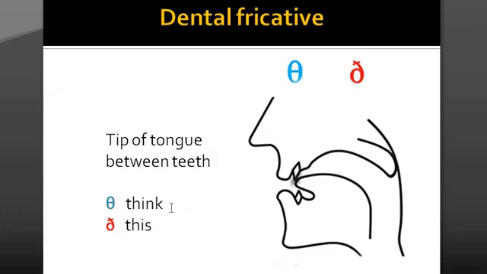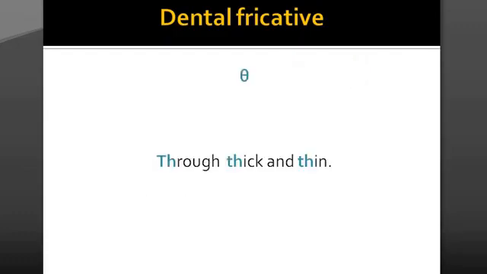We always spell these two sounds with TH. Any word that has TH has one of these sounds, but it's a little bit confusing because TH makes two different sounds. The letters TH can be th or it can be th. Alright, so let's start with the voiceless sound, the sound in think.